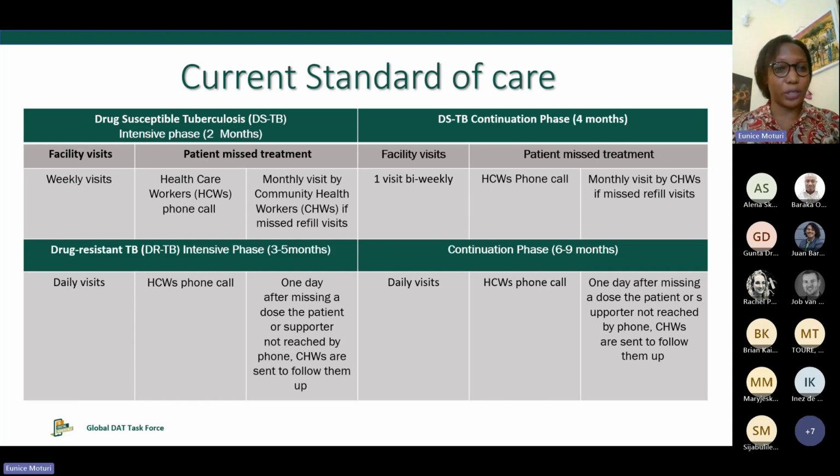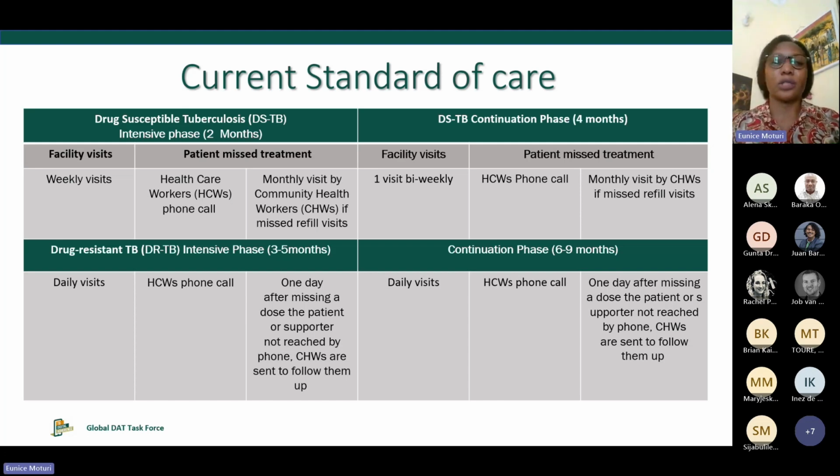For DRTB patients, those who choose the option of taking medication at home also do it as DSTB, under the direct observation of a treatment supporter. And those who have an option of going to the facility on a daily basis to take the medication are also given medication under the direct observation of the healthcare worker.